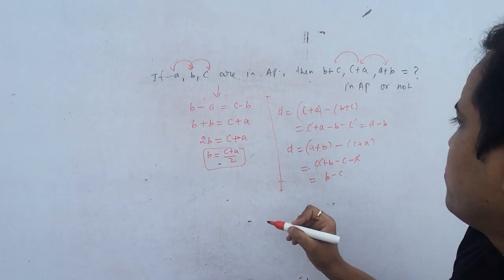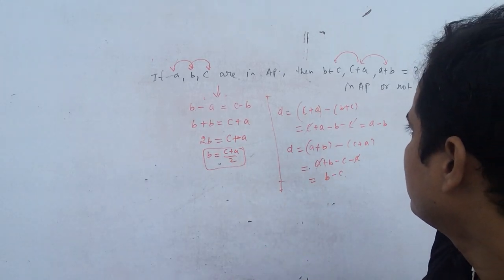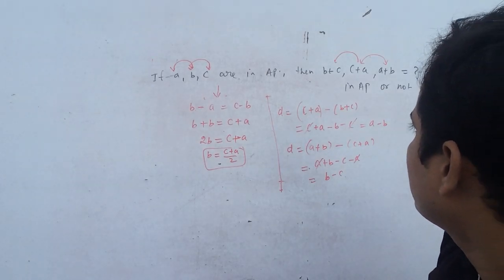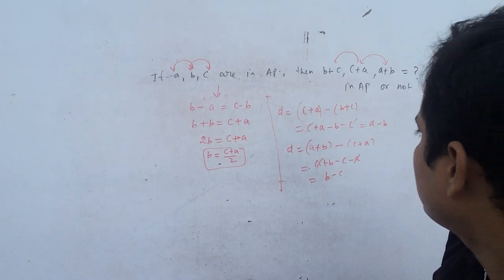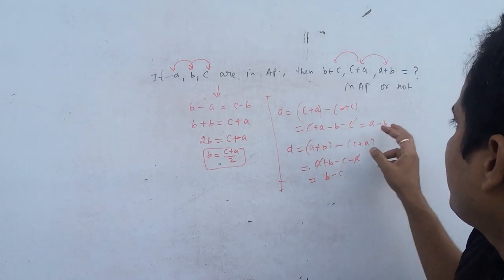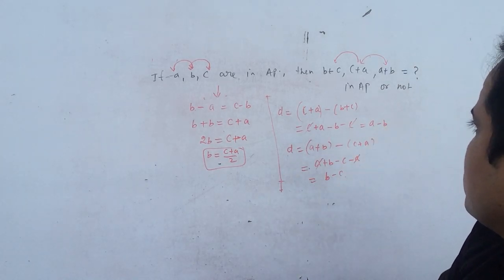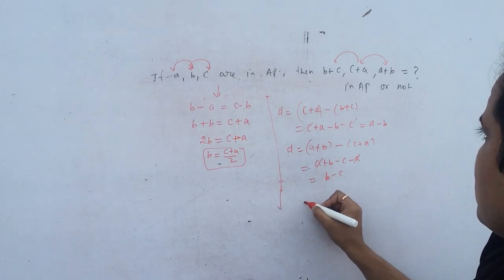Whether they are in AP or not, here we are getting A minus B and B minus C, so equate this.